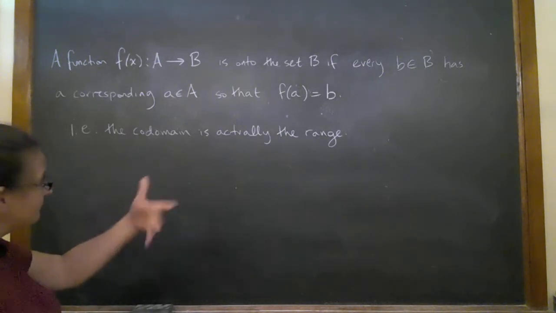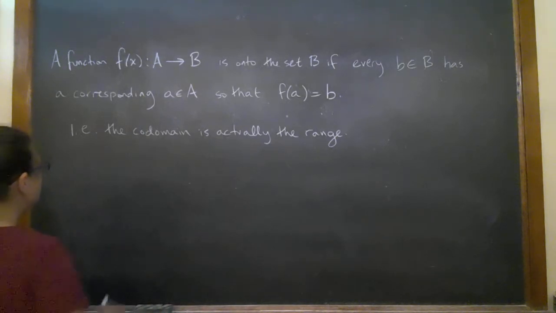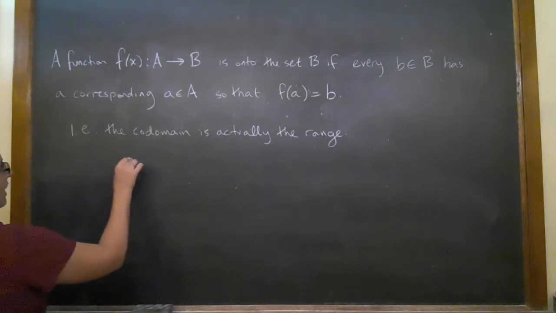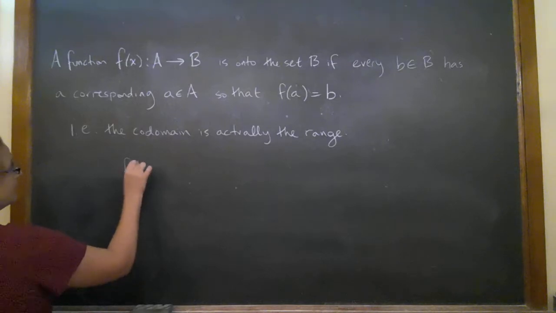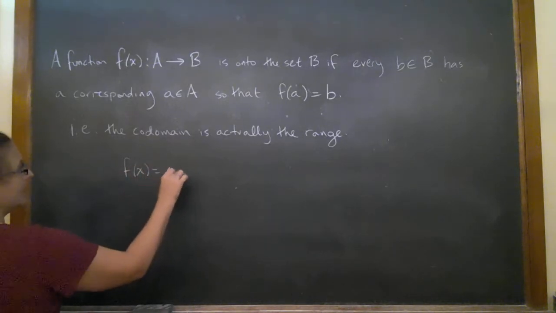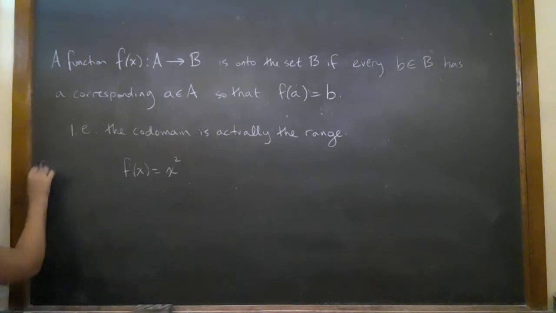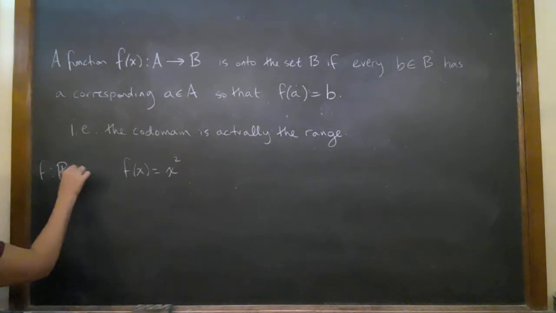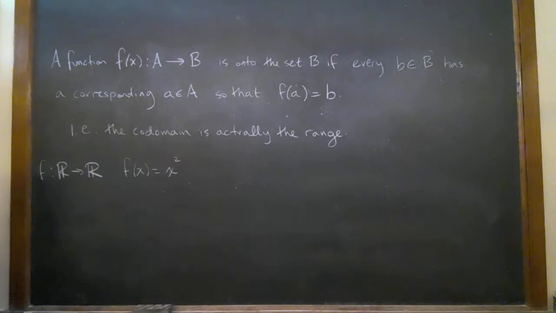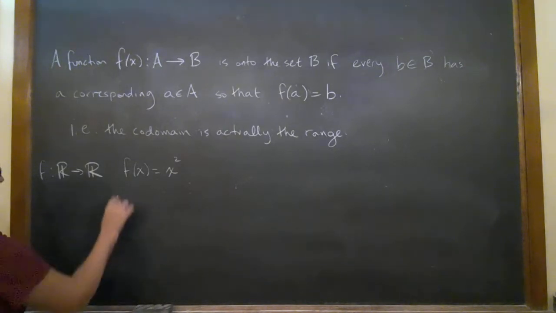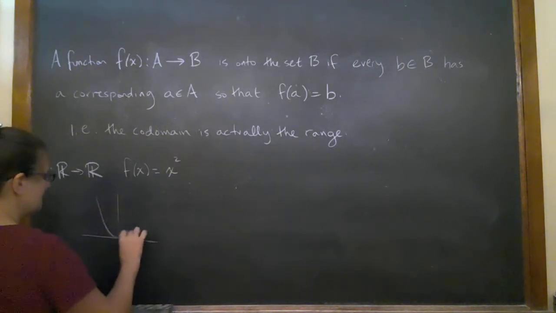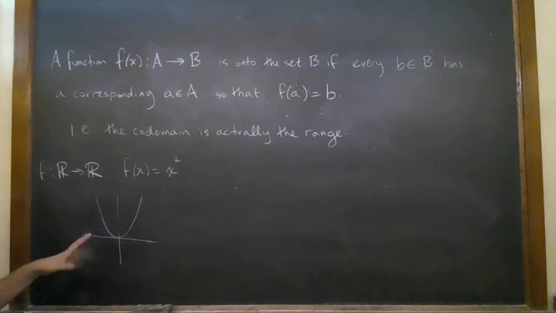But to give you an example, let me use my friend x squared. I'm going to write f from R to R. Well, there's my picture. This is not one-to-one, obviously, we just said that. It's also not onto.